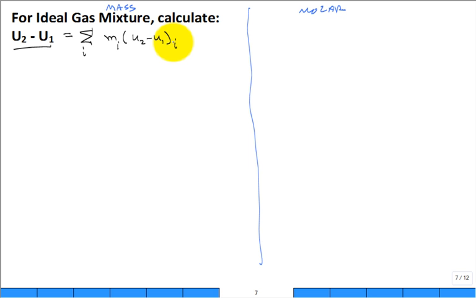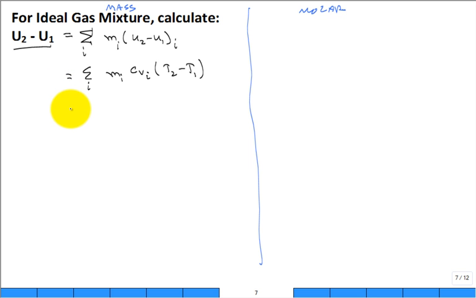A lot of times we're very much interested in using constant specific heat. Should I use CV or CP? CV of that species, and then I have the final temperature minus the initial temperature times the mass of the species, sum over all the components. Does that equation look good? That's exactly how you calculate the change in the total internal energy of the system.